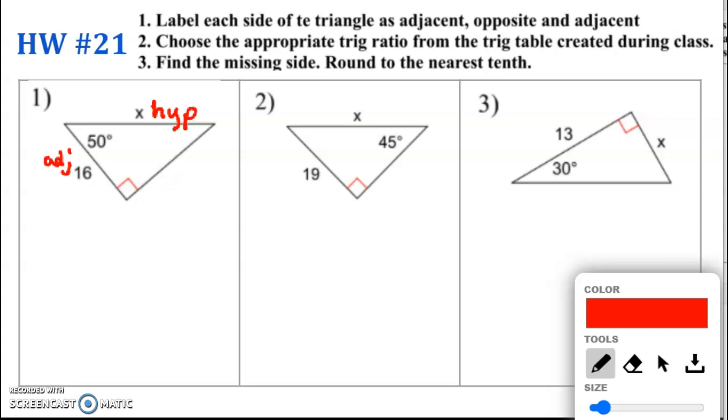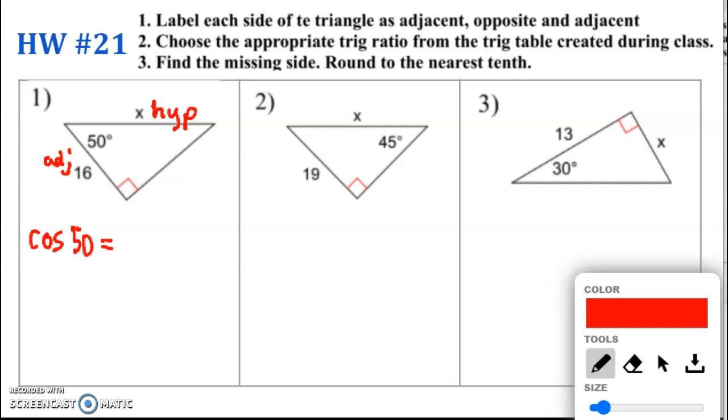Okay, then you need to be thinking about choosing the appropriate trig ratio. Which is the trig ratio that deals with adjacent and hypotenuse? That's cosine of theta, right? So we're dealing with cosine of 50, because the angle measure is 50.